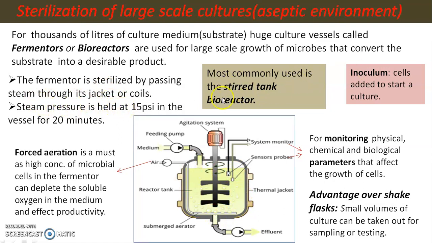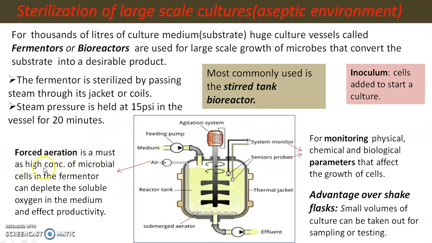Okay, the most commonly used bioreactor, there are many, but the most commonly used is the stirred tank bioreactor. We will talk about two in the next frame, but there are more than those. Now, inoculum, I already said, they are cells added to start a culture. Okay, that is inoculum. Now, these are some of the ports and some of the features of a fermenter, like for air passage.